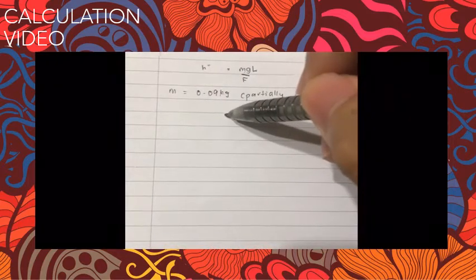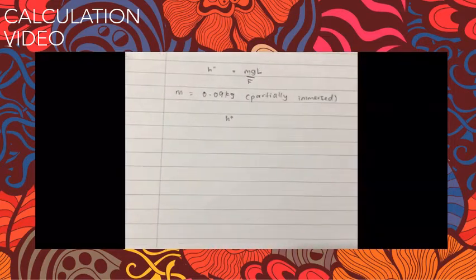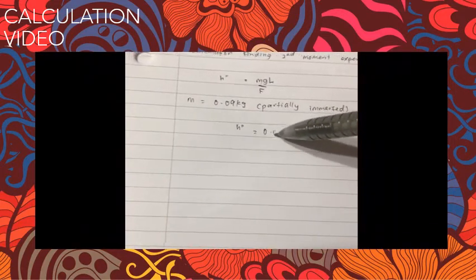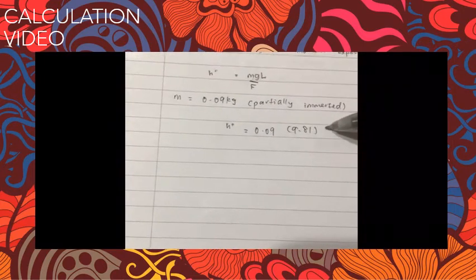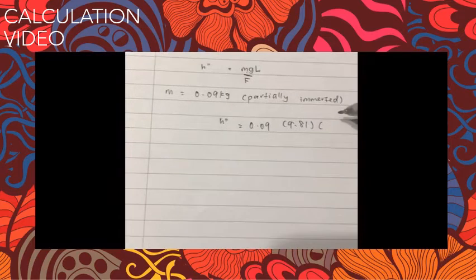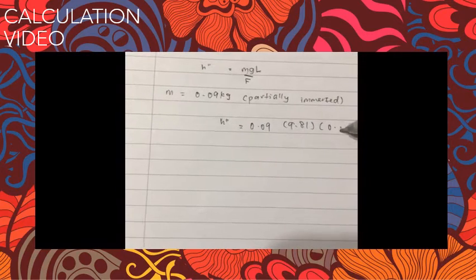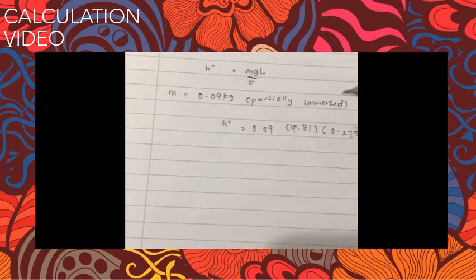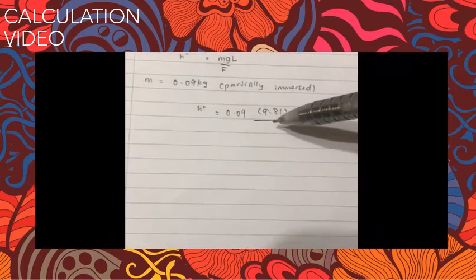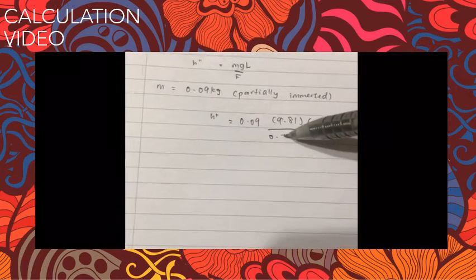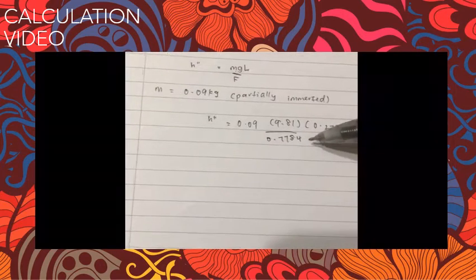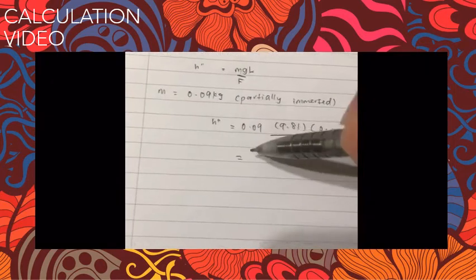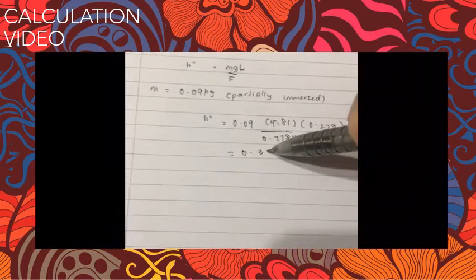So H' equals 0.09 times 9.81 times 0.275, divided by the force, which is 0.7784. The resultant force is already calculated, so it equals 0.3119.